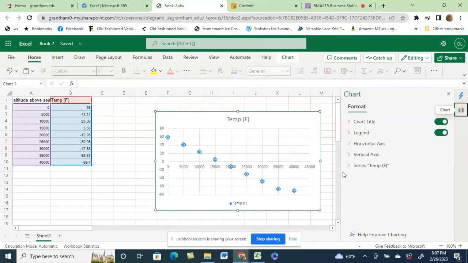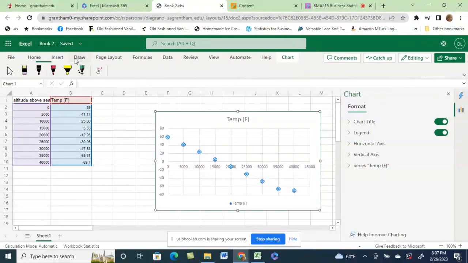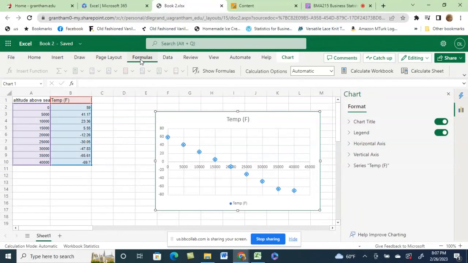So if I click on a dot, I can get the horizontal axis, vertical axis, and the chart title. But I don't want to do that. I want to get a line. So I wonder why they're not the same.